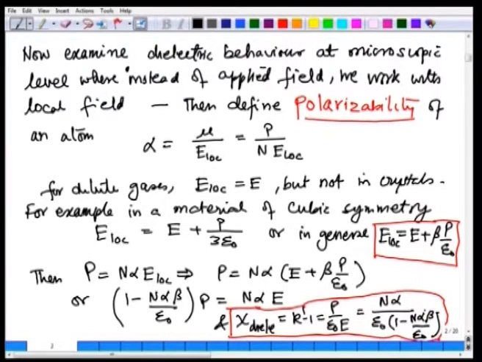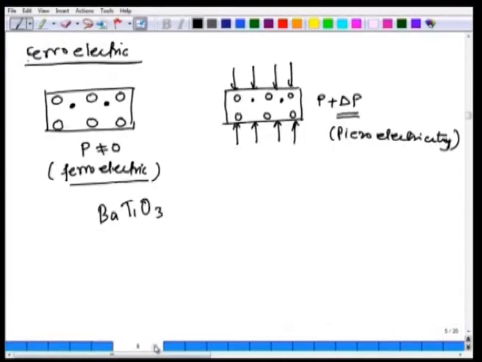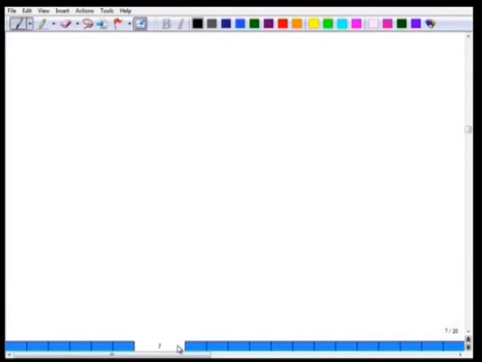Let me write this expression one more time. The expression is K prime minus 1 equals n alpha epsilon naught over 1 minus n alpha beta by epsilon naught.